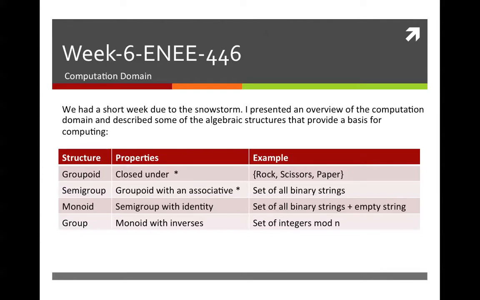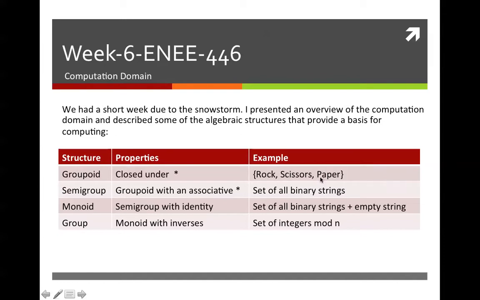And among these four structures, groupoid is the structure that just happens to be closed under an operation, which I denote here by an asterisk. And the example that I have is that of a finite set of elements, which are rock, scissors, and paper.